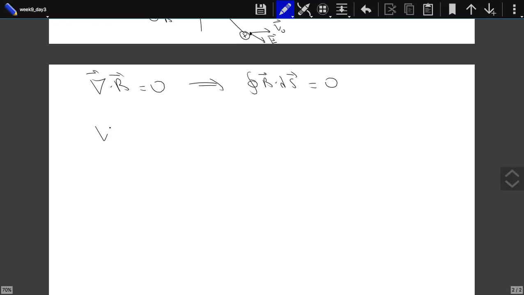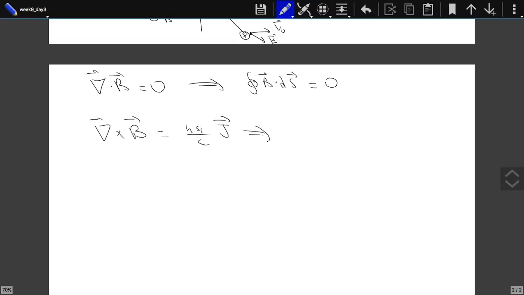And let's see, the other expression we obtained, the curl of B. If you remember, in electrostatics this was 0. But the curl of B, in this case, is 4 pi over C times J. Well, this is kind of nice.